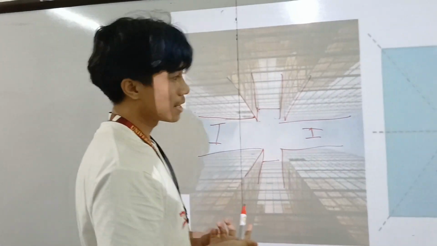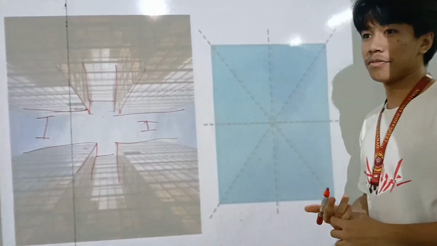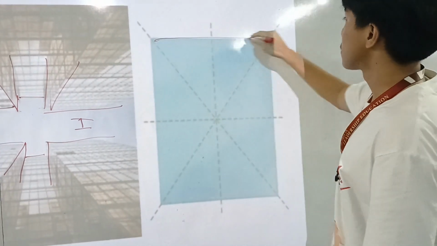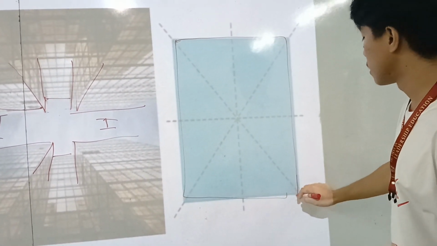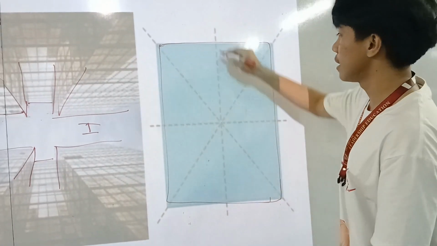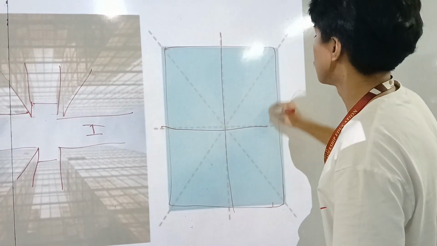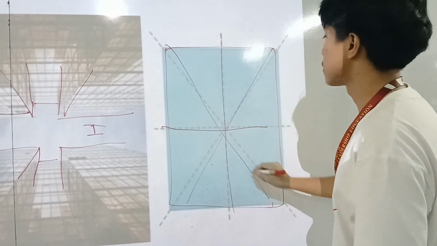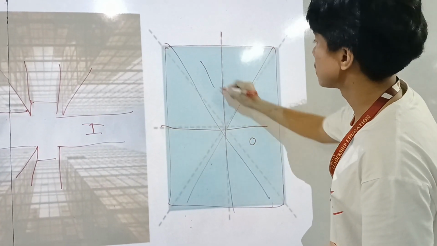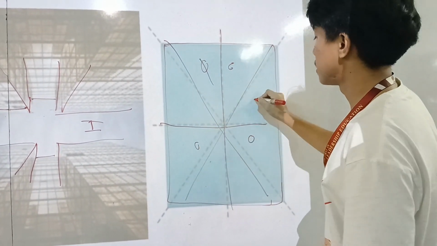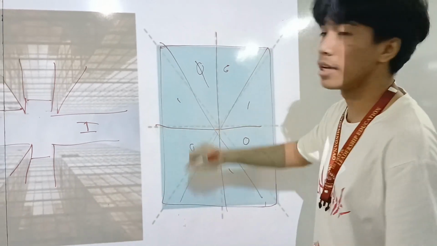Now, next, we have a square shape. A square shape has sides cut in 1, 2, 3, and 4 sides. We know that it's symmetry because this side and this side are all equal.